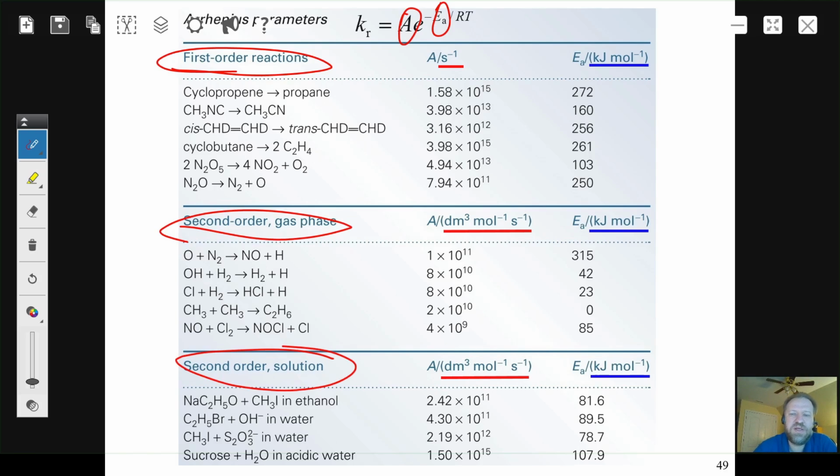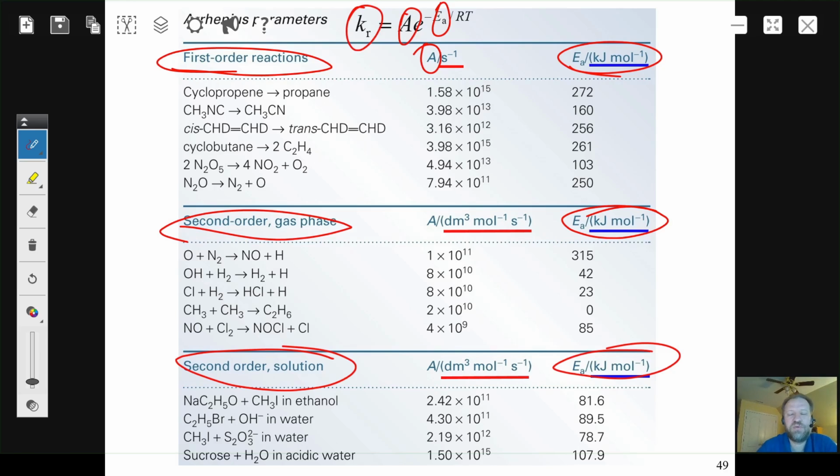What you immediately see is that the activation energy always has the same units. Activation energy has the dimensions of energy, hence the name, and it is commonly expressed in kilojoules per mole. However, the units of the pre-exponential or frequency factor A depend on the order of the reaction.